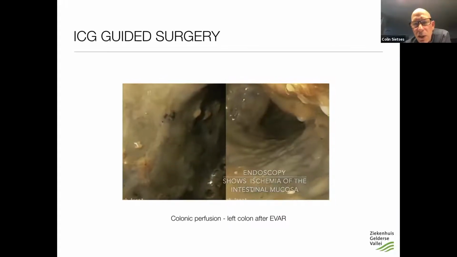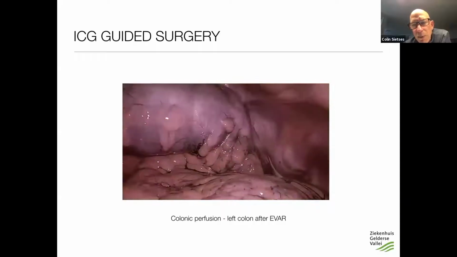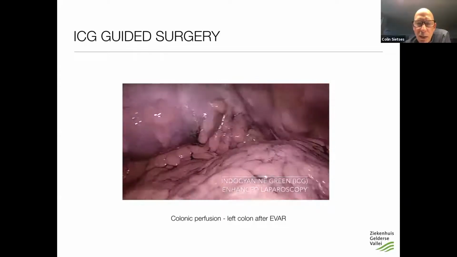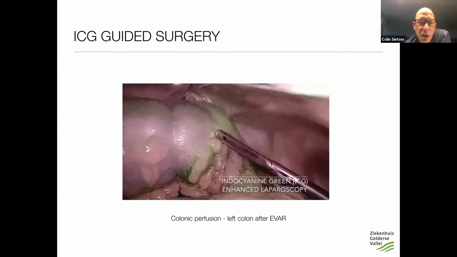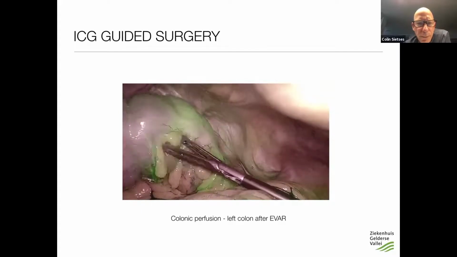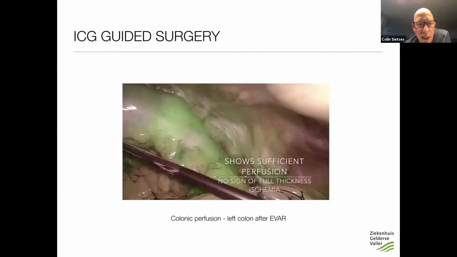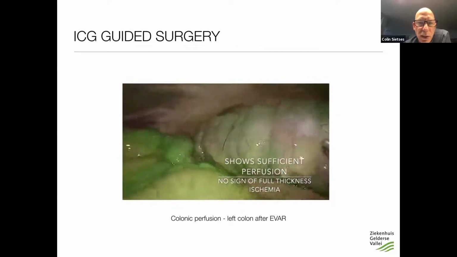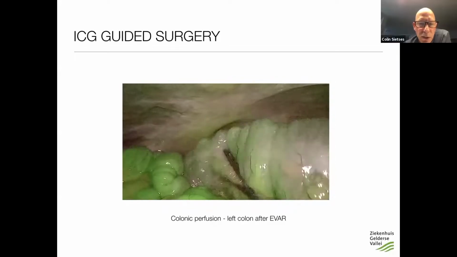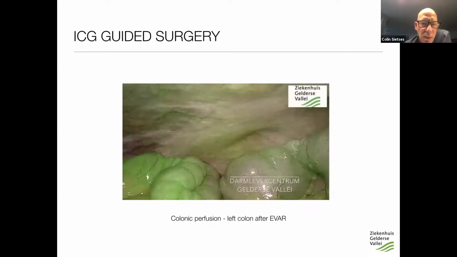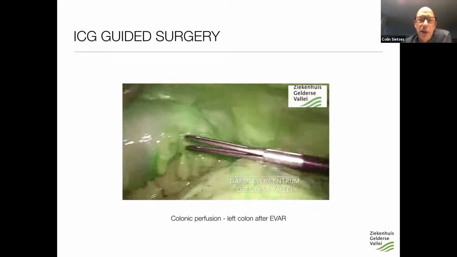They saw ischemia, and it looked full thickness, and we decided to do a laparoscopy with ICG to see how the vascularization of the sigmoid was. And as you can see, it was vascularized well, so we decided not to resect the sigmoid and just waited till the patient recovered, and it actually did recover in the end.